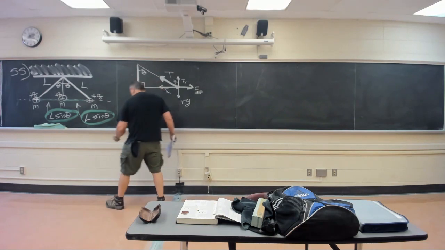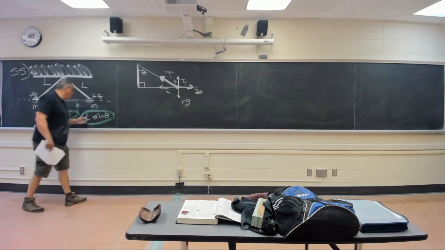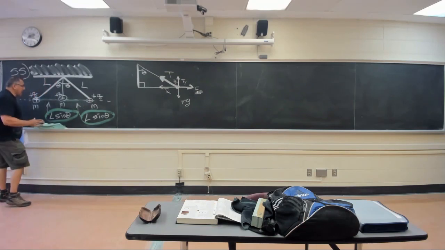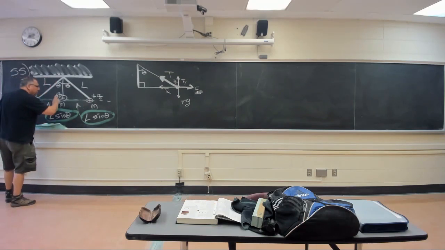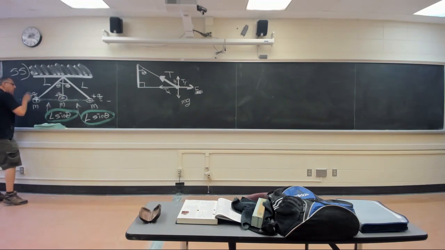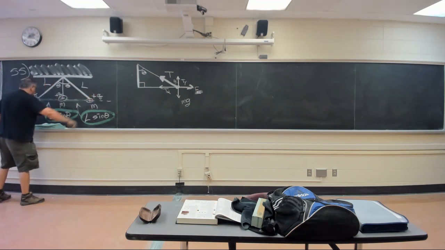What's going on here? Well, the electrostatic force is repelling this guy that way. You got Q, you got Q, you got kQQ over r squared, and r squared is the quantity L sine theta squared. That's one of them. By the principle of superposition, this guy will also push it that way.